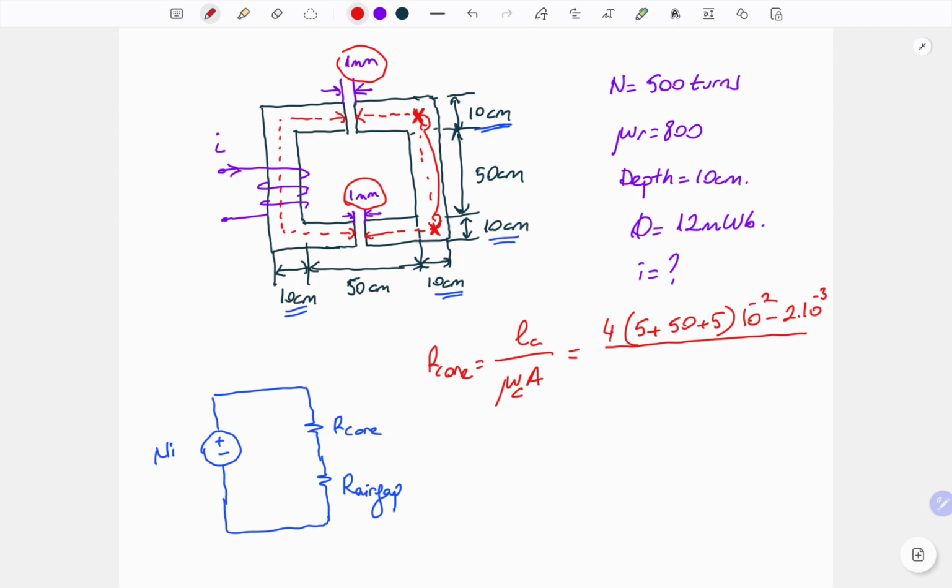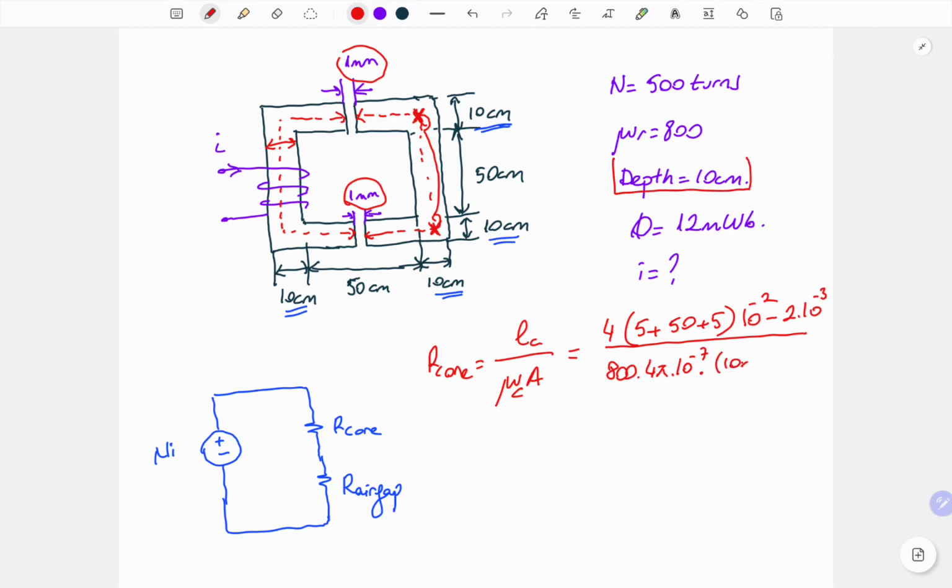For the denominator, we will start with the permeability, and permeability includes relative permeability and the free space permeability. Relative permeability is 800. Free space permeability is a constant, which is 4 pi 10 to the minus 7. For the cross-sectional area of the core part, if we check the widths, as we said, it is equal to 10 centimeters, and the depth is also 10.